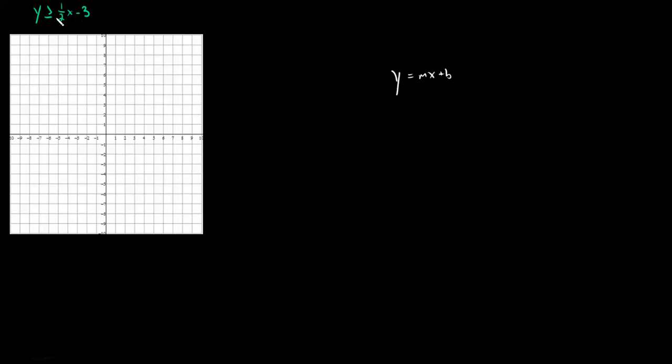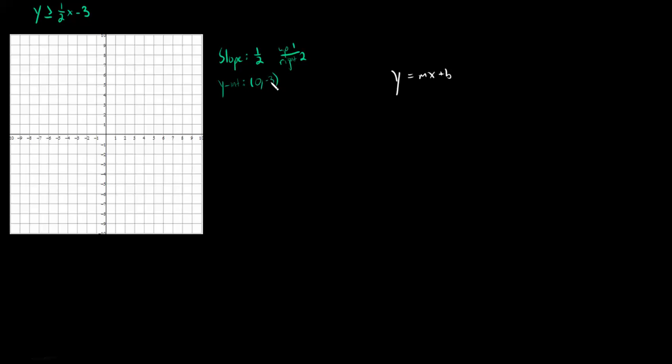Okay, so let's take a look at this inequality right here. So we have y is greater than or equal to 1/2 x minus 3. Okay, so our slope is going to be 1/2. So we're going up 1 and right 2, and our y-intercept is 0, -3.